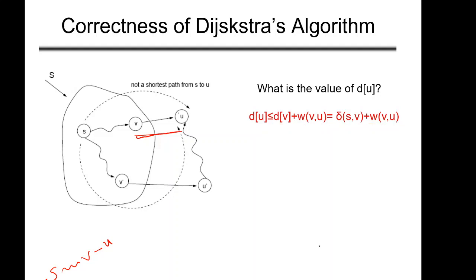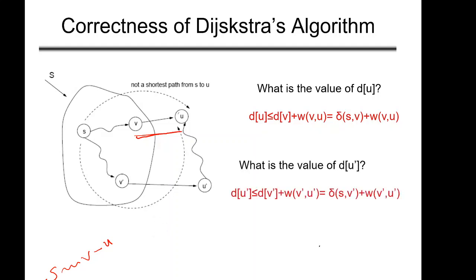Fair enough. Now let's see the value of d[u dash], which we are claiming is the shortest path. First let me find out the distance of this node from S, and then we will add this path.